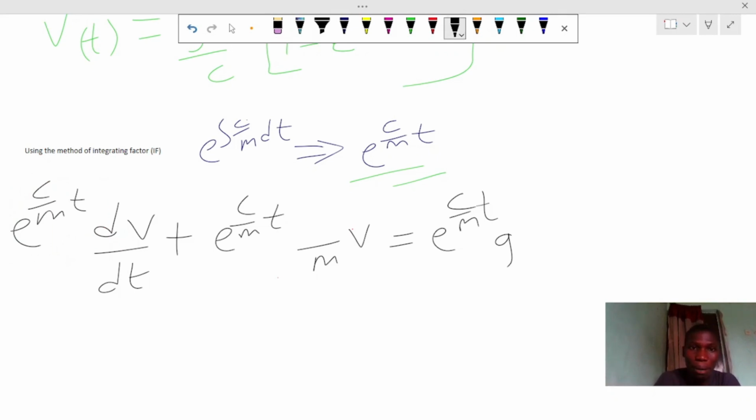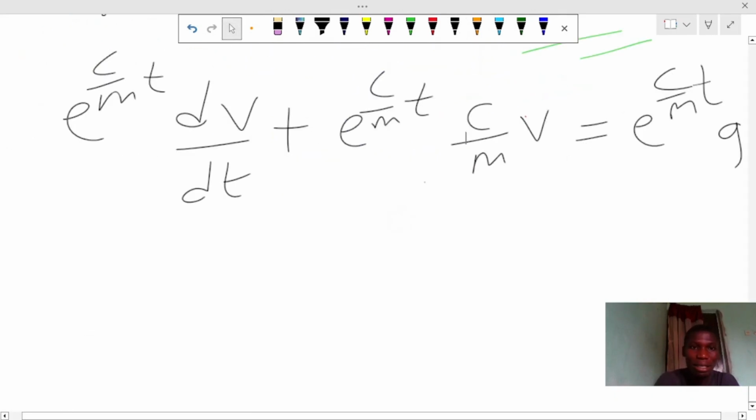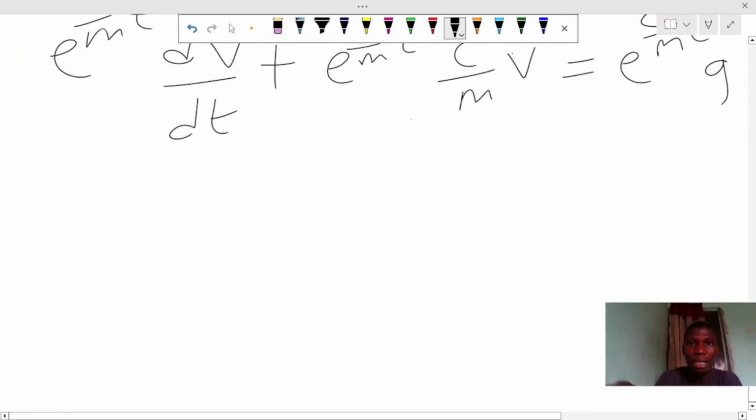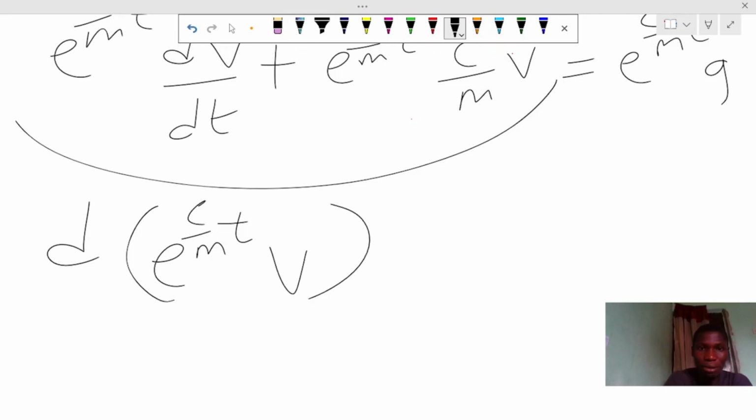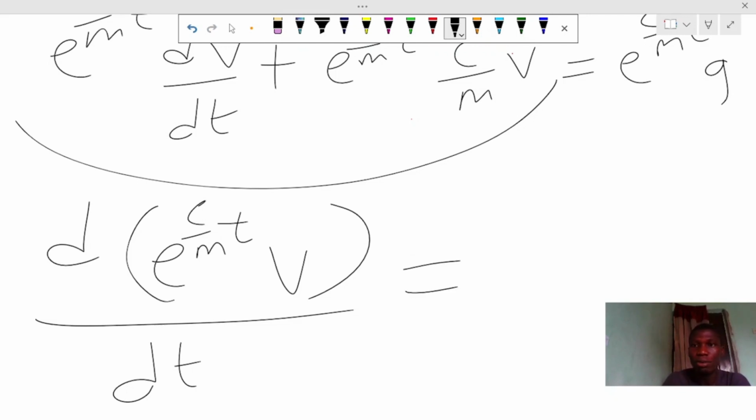So to apply that, it simply means that this expression is the same thing as saying the differential of exponential cmt multiplied by v, all over dt, equals what we have at this other side, which remains the same.